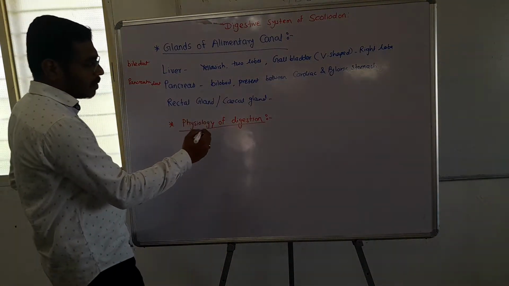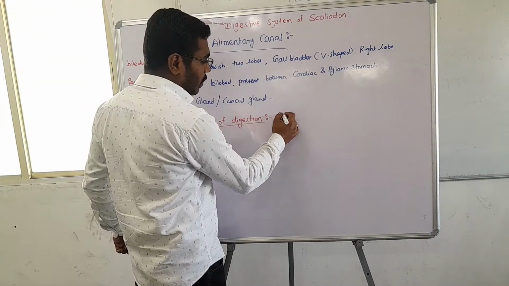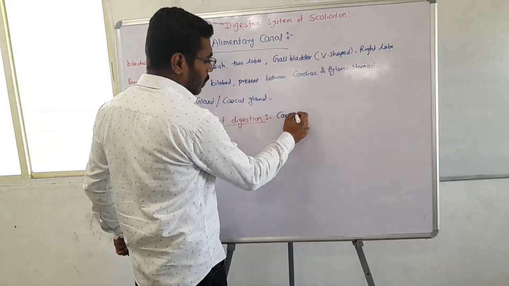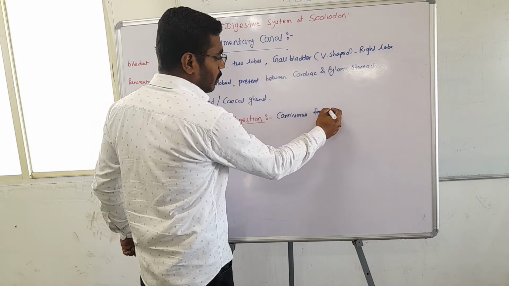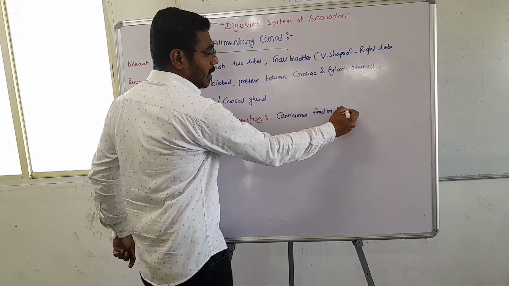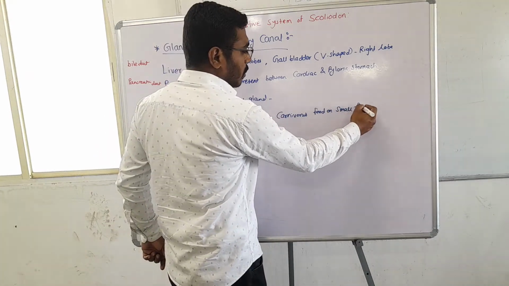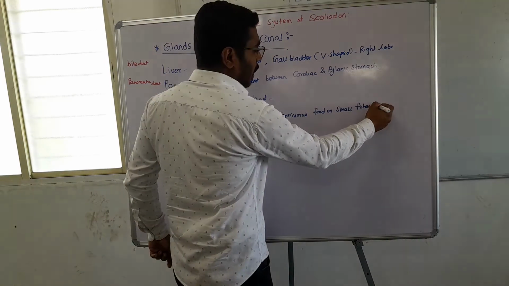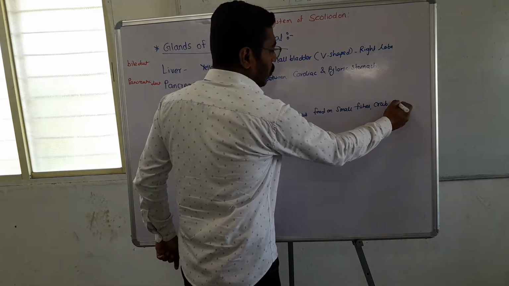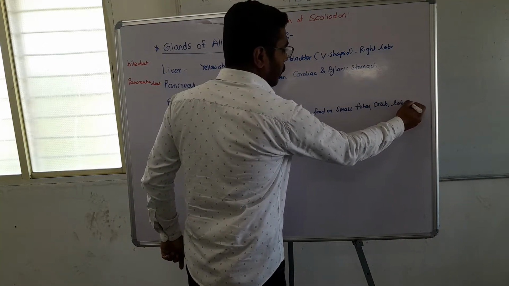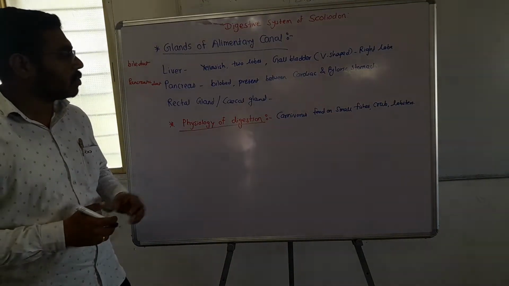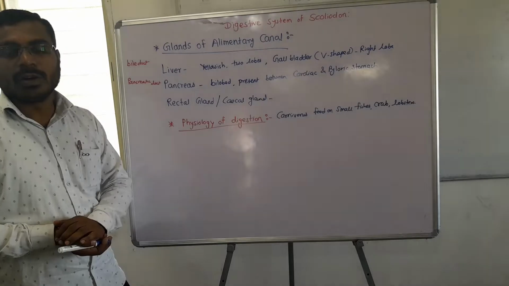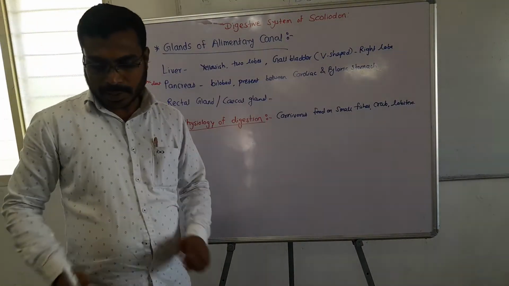It is a carnivorous fish that feeds on small fishes, crabs, lobsters, etc. These are the important food of Scoliodon.